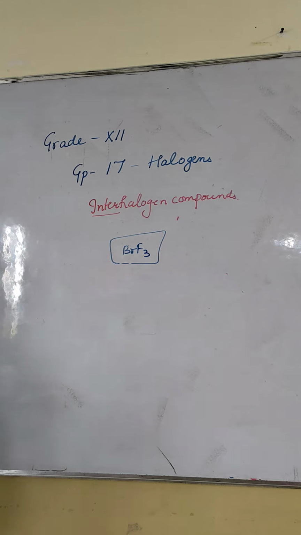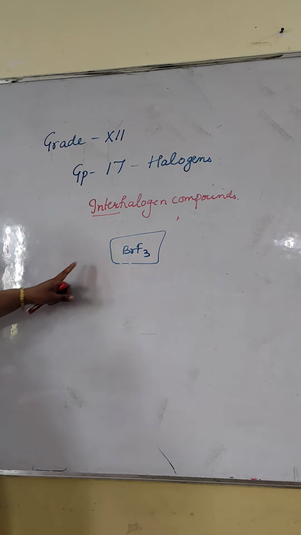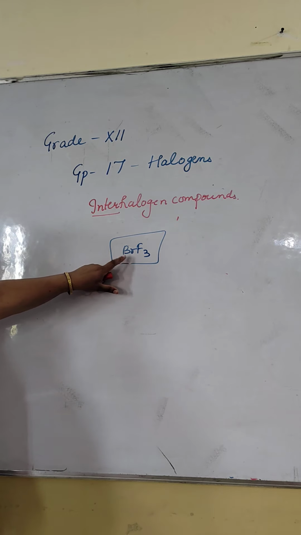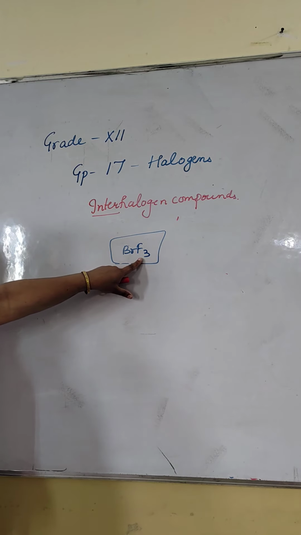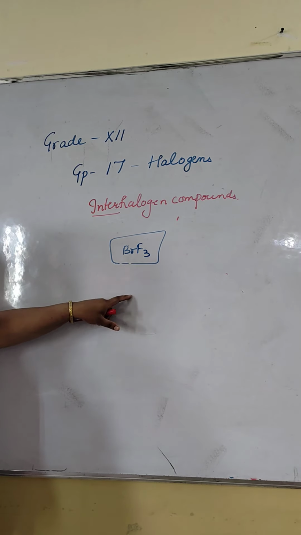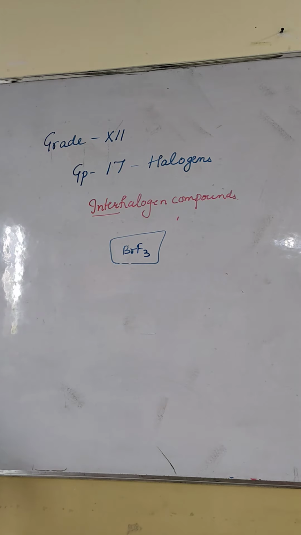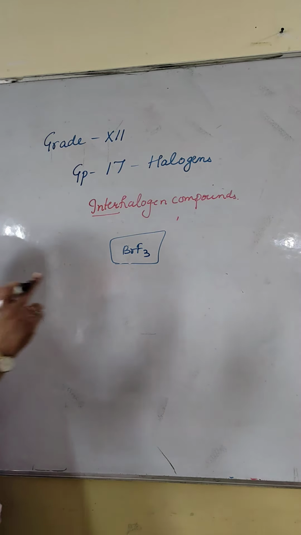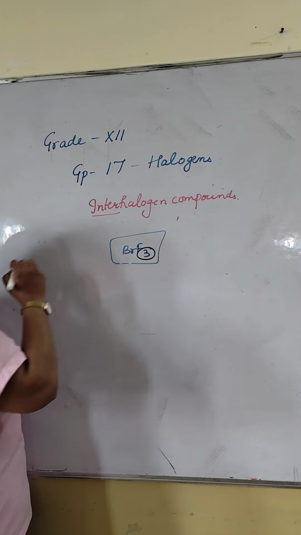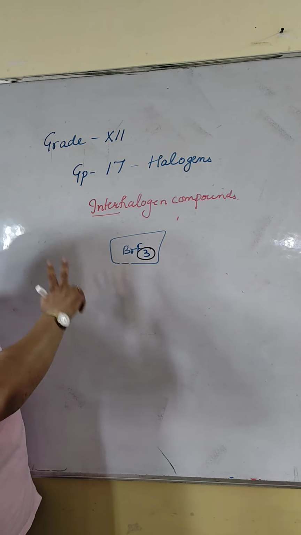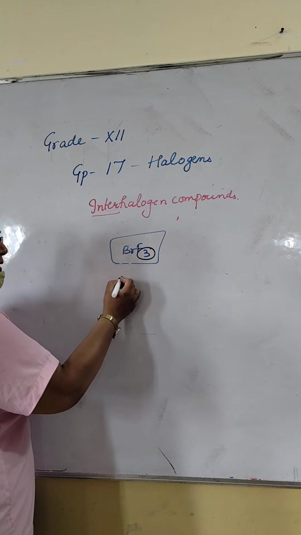On the basis of VSEPR theory, how many valence electrons does bromine have? 7. How many monovalent atoms are attached to it? 7 plus 3 divided by 2 comes out to be 5. So its geometry must be trigonal bipyramidal, but it forms how many bonds? 3. So out of 5, minus 3, 2 lone pairs.